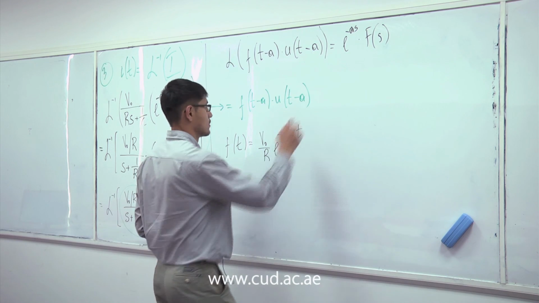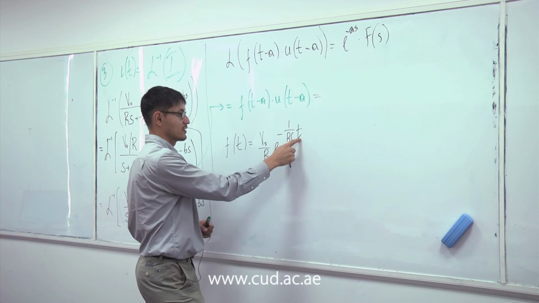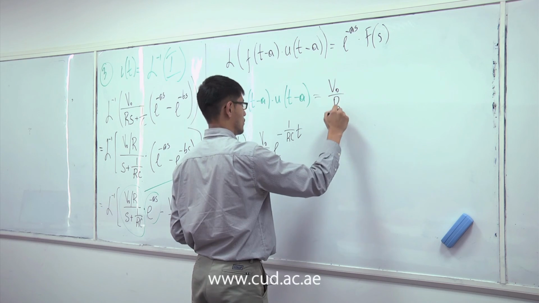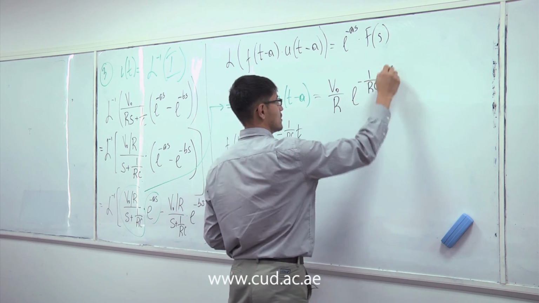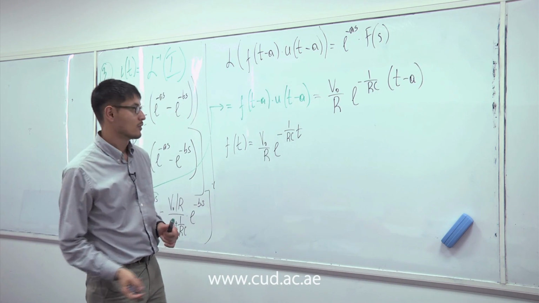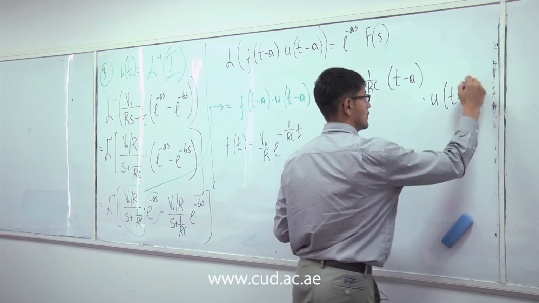So now, to get f of t minus a, I have to replace t with t minus a, and I'll get v naught over r e to the minus 1 over rc times t minus a. So that's our inverse transform times, of course, the step function.